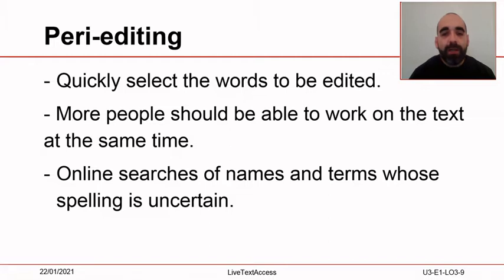Usually there is a speaker or velotyper and an editor. The editor must be able to edit the text at the same time as the subtitler is respeaking or typing. Many programs also enable you to search words online if you need to check the correct spelling of a name or place, for example.